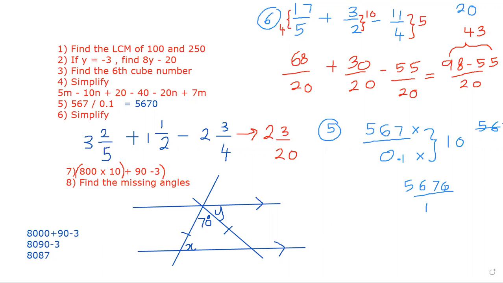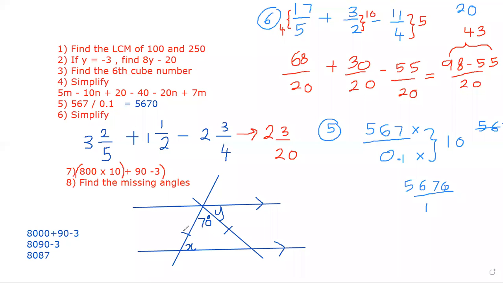And when you are doing the eighth question, these two sides are parallel. Therefore, you can apply many theories. Alternate angles, you can apply that theory, or the corresponding angles, allied angles, then angles on a straight line, then isosceles triangle. So the first step I'm going to do with the isosceles triangle.